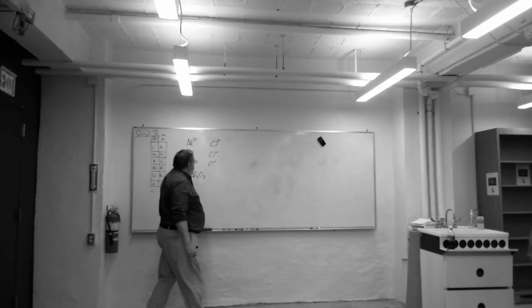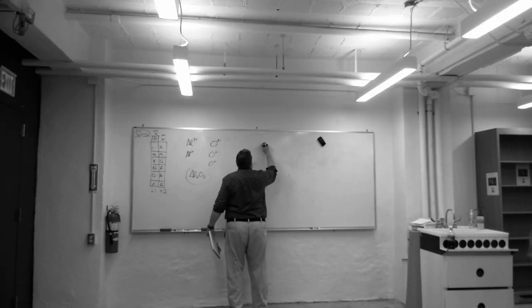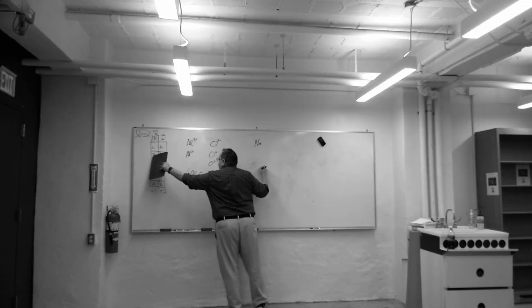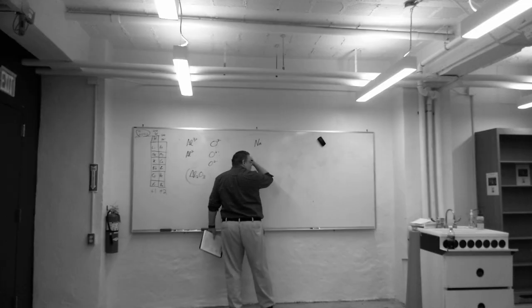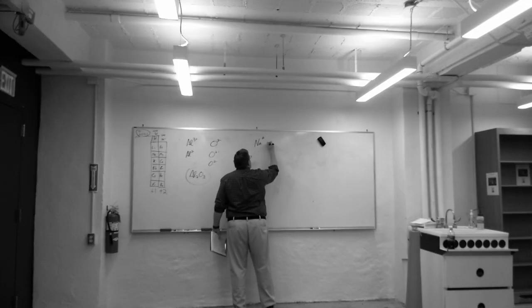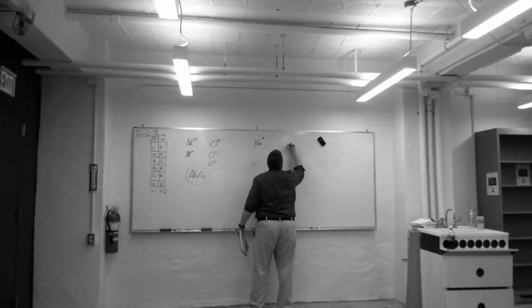And I can do this the other way around. This is sodium. What's the charge on Na? +1, I won't write the 1. And let's do nitrogen. What's the charge on nitrogen?